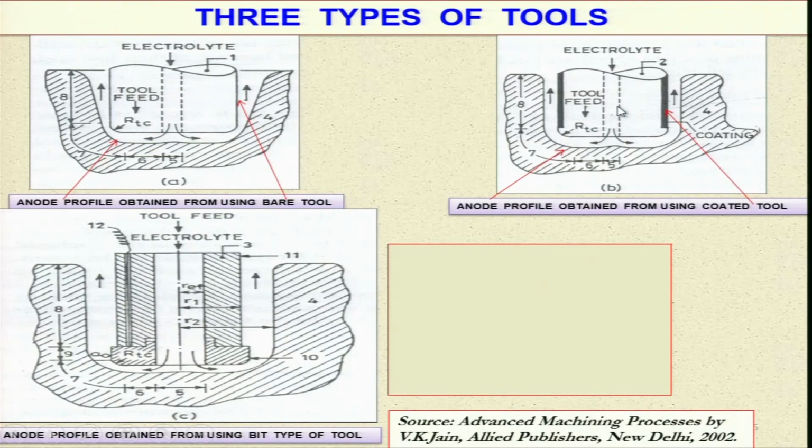Now, both of them are there, but in many applications, in place of having these tools made of electrically conducting material or metal, what people proposed long back is that you can have a bit type of tool. This is the bit type of tool, and the rest of it is made of electrically non-conducting material, maybe plastics or other material, and this is made of metal.